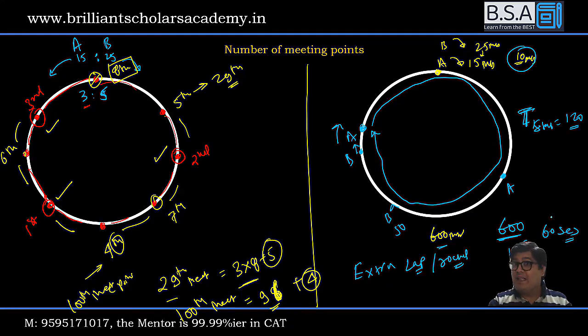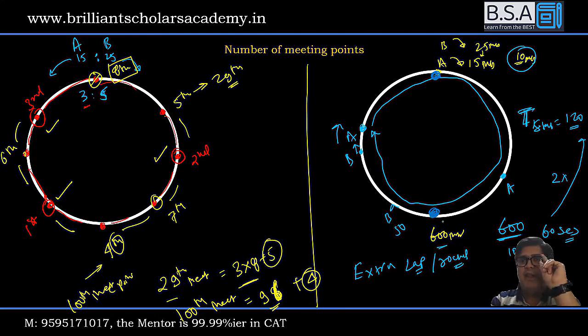Now, 120 is what multiple of 60? This confirms that these runners can only meet at 2 points. One will be at the starting point and one will be at the opposite point.